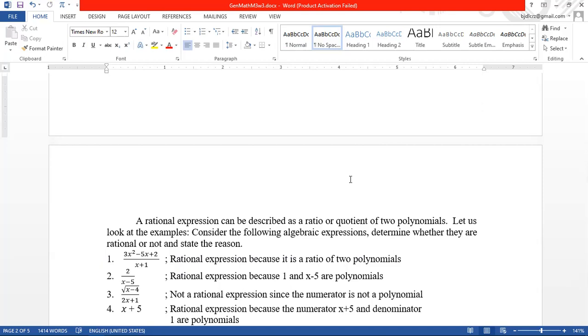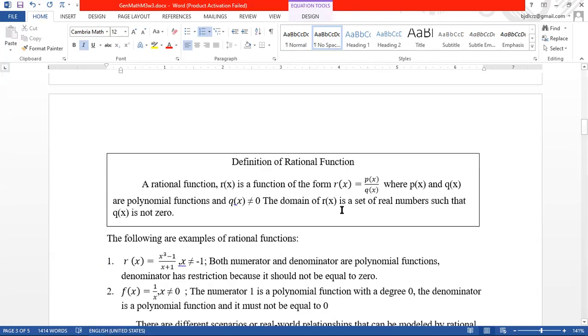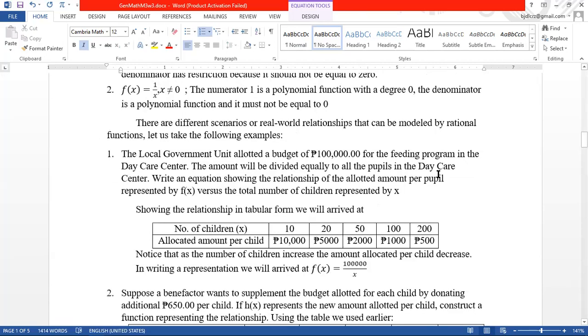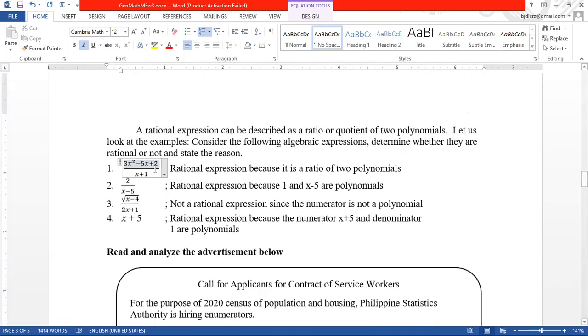Is it a rational expression or not? It is a rational expression because it is a ratio of two polynomials. The numerator has degree 2, so that is a quadratic function, and the denominator is a linear function.